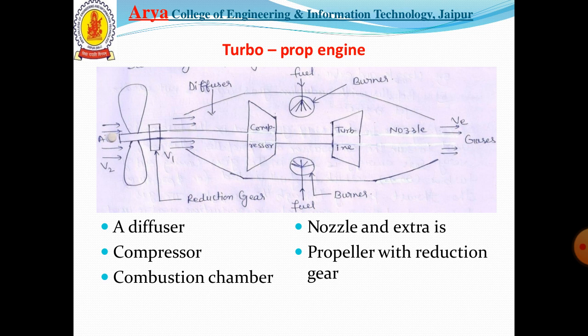The forward motion of the aircraft is partly given by the jet reaction and partly by the propeller. Out of the total thrust produced, 80% is by the propeller and the remaining 20% by the jet.